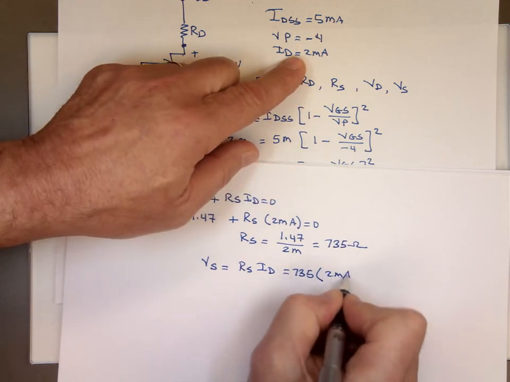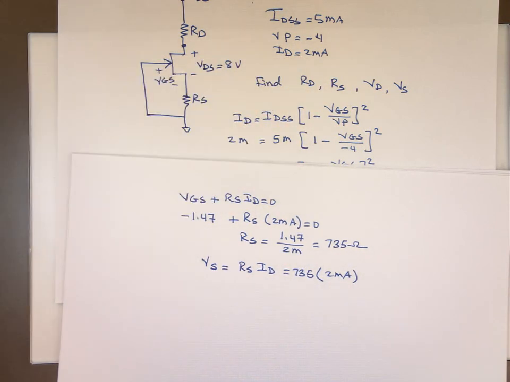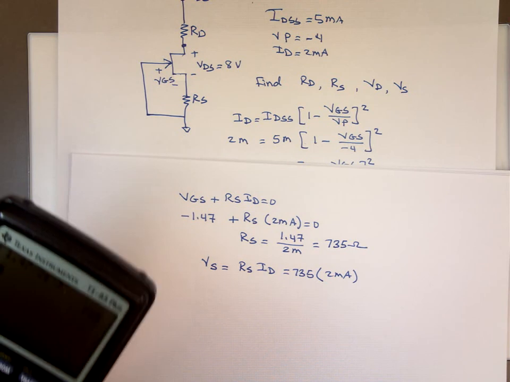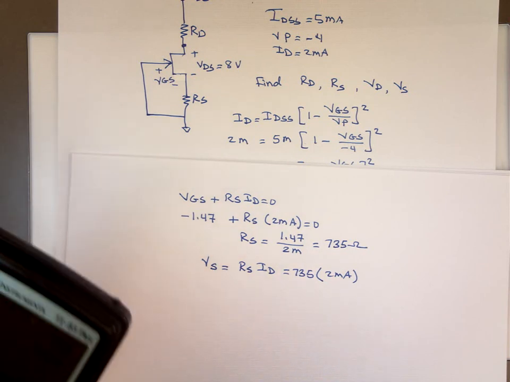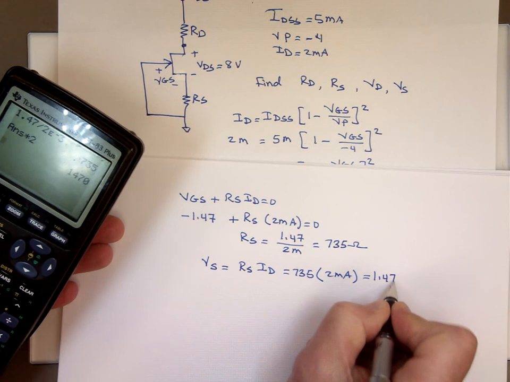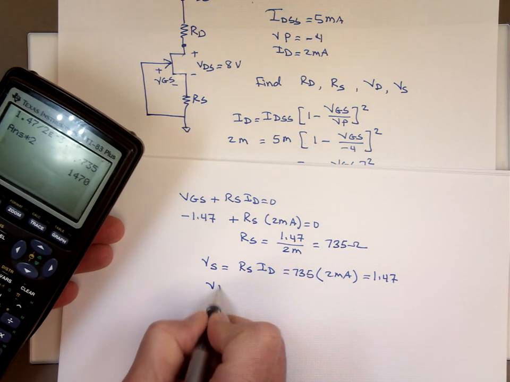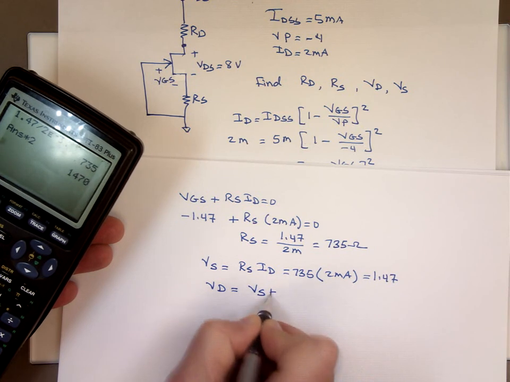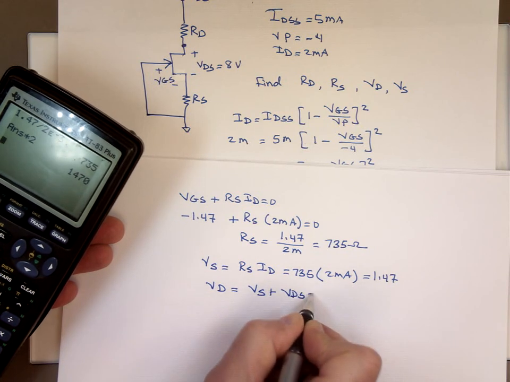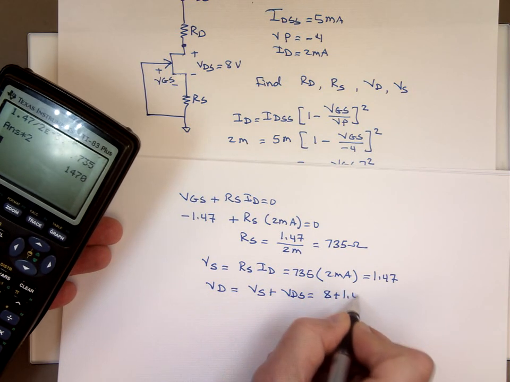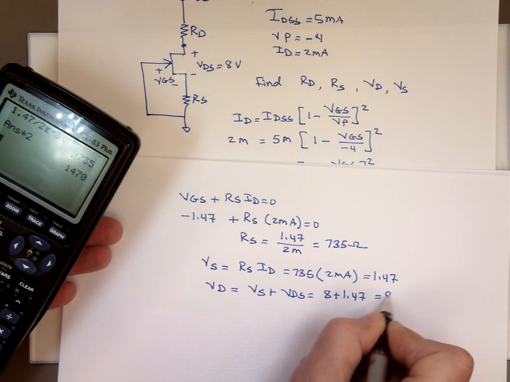Just give me a minute. It's 1.47, which means VD is going to equal VS plus VDS, which is 8 plus 1.47, and that's equal to 9.47 volts.